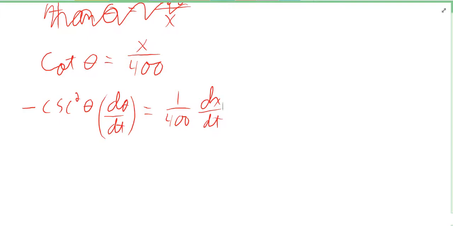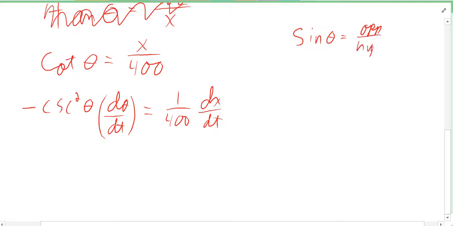Remember, cosecant is the reciprocal of sine. Sine of theta is opposite over hypotenuse. So cosecant, which is what we really want, is the hypotenuse over the opposite side.